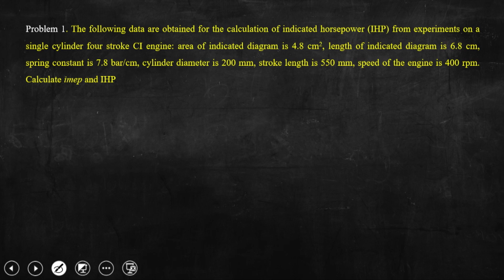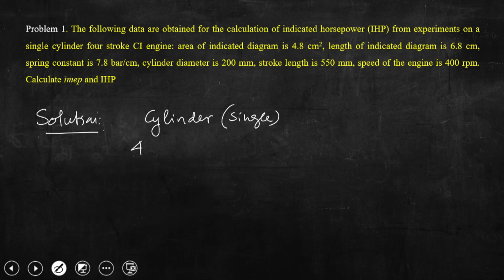So, it is given a single cylinder, 4 stroke CI engine, the area of the indicator diagram is 4.8 centimeter square, so AD equal to 4.8 centimeter square, and the length of the indicator diagram is 6.8.